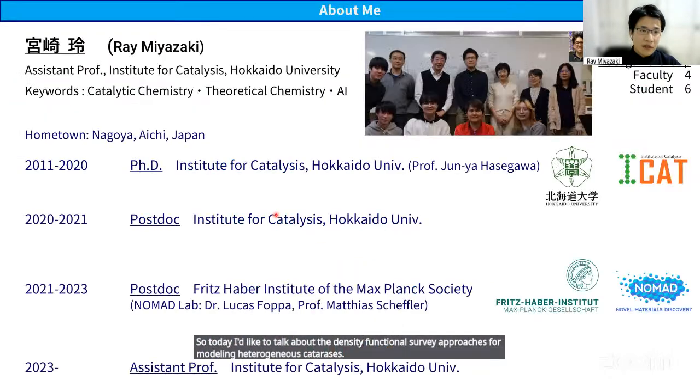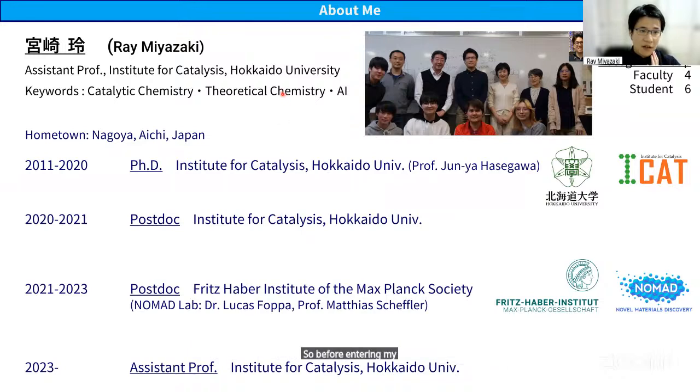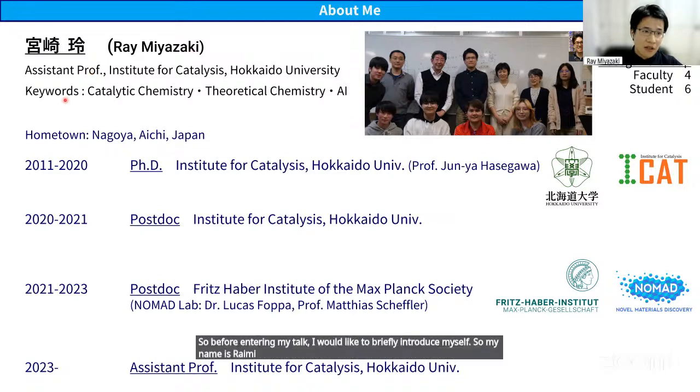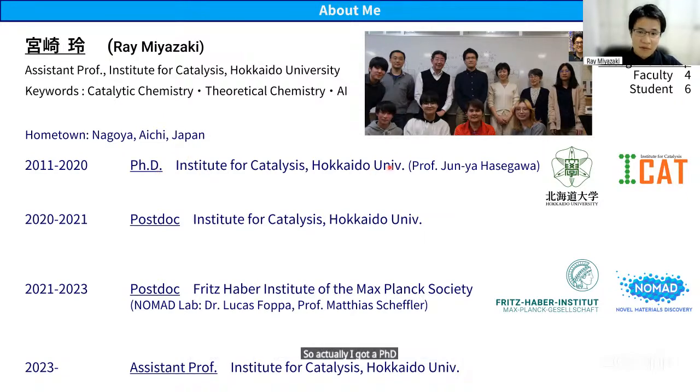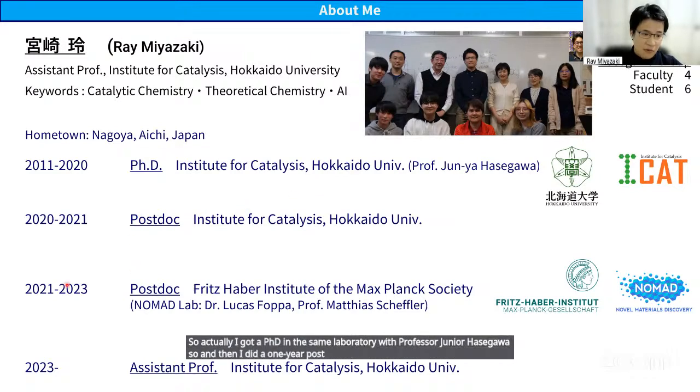Before entering my talk, I would like to briefly introduce myself. My name is Ray Miyazaki. Currently, I'm an assistant professor at the Institute for Catalysis, Hokkaido University. Actually, I got a PhD in the same laboratory with Professor Junya Hasegawa. Then I did a 1-year postdoc, and from 2021, I moved to the Fritz Haber Institute of the Max Planck Society as a postdoc.